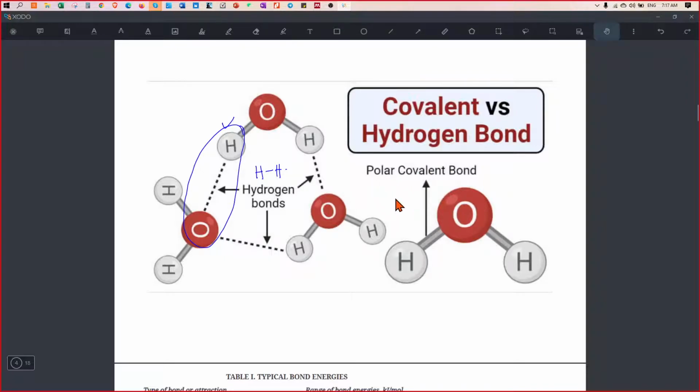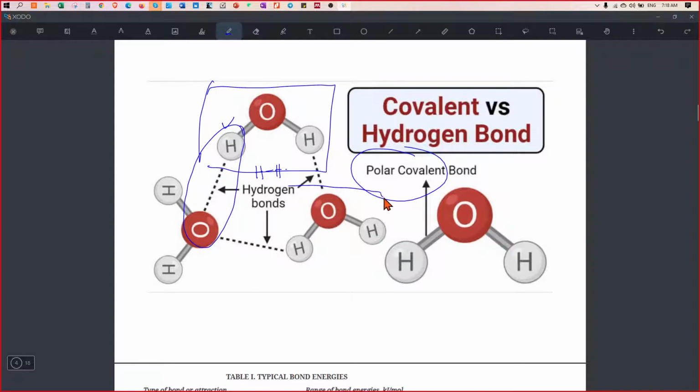What about other types of bond? So other bonds are also present in the water. It's called the polar covalent bond. Okay, so this is in between water molecules.